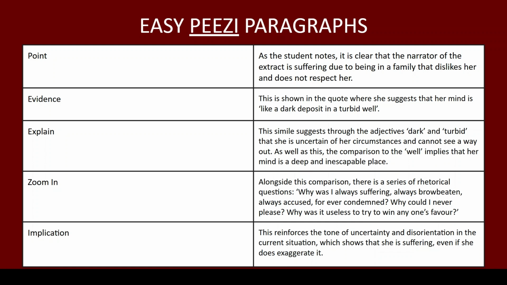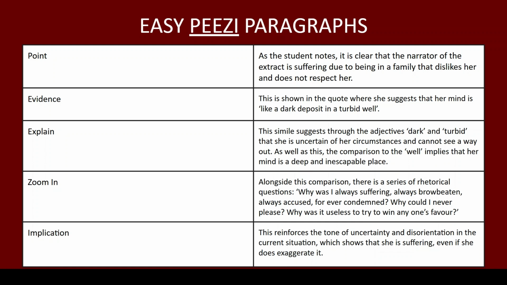And now we're gonna zoom in. So we're going to say alongside this comparison, there is a series of rhetorical questions, which is the PEEZI that I brought up before. And then we say what that implies. So it reinforces the tone of uncertainty and disorientation in the current situation, which shows that she is suffering even if she does exaggerate it.